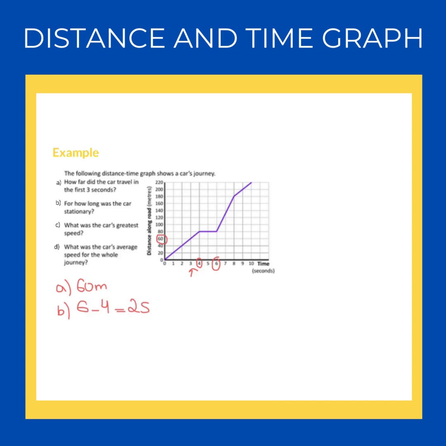Now in part C, it says what was the car's greatest speed. Again, we said that the gradient is equal to the speed. Now, if I want to find the greatest speed, this is basically the steepest line.